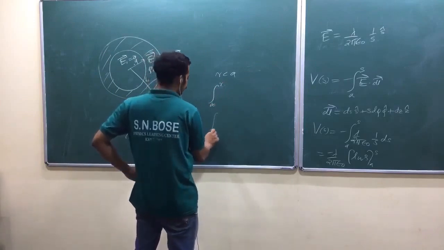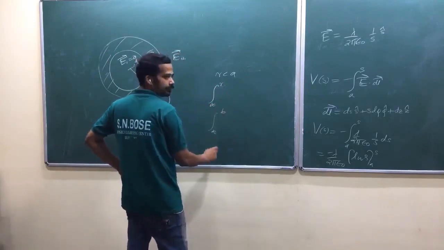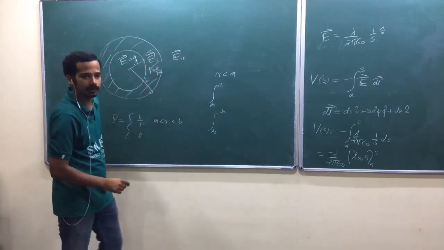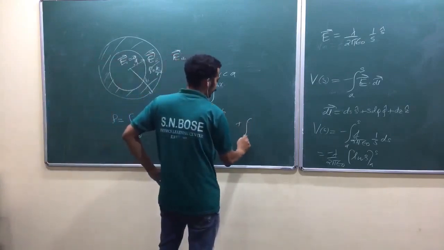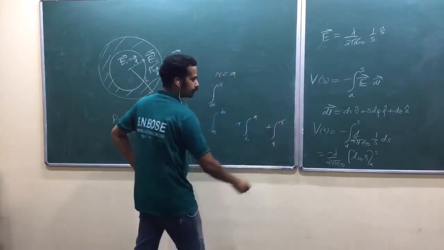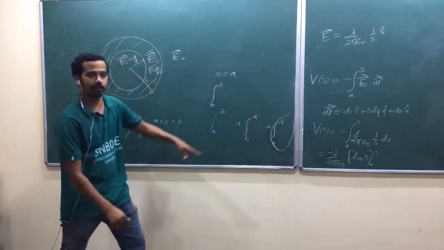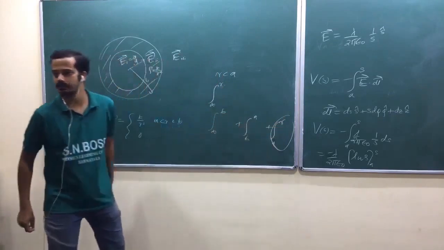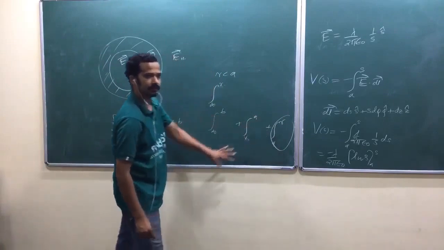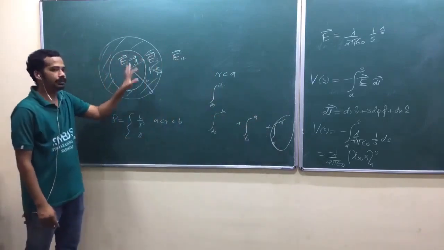That you are going to convert into infinity to B, because infinity to B is one region where you will get one type of electric field. So from B to A, from A to R, this part is always 0, whatever point R you take, because the electric field is 0. So only these two parts will add up, and you will get a constant potential within this region.